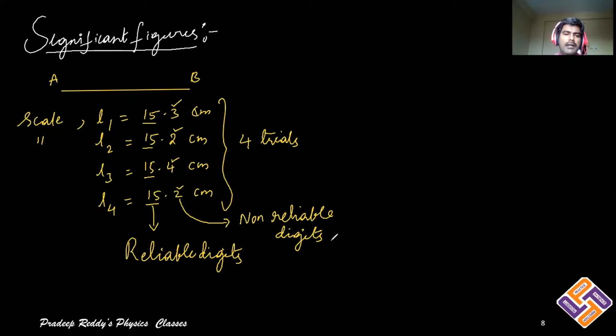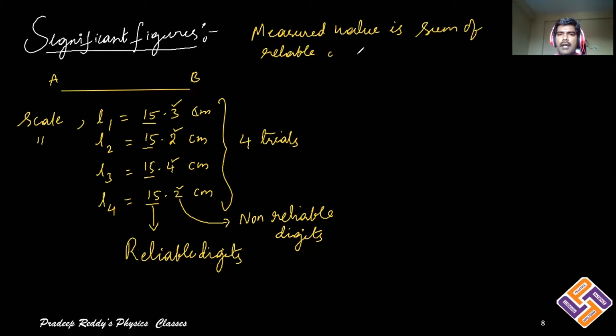But overall, a measurement consists of reliable digits as well as non-reliable digits. So the measured value is the sum of reliable and non-reliable digits.